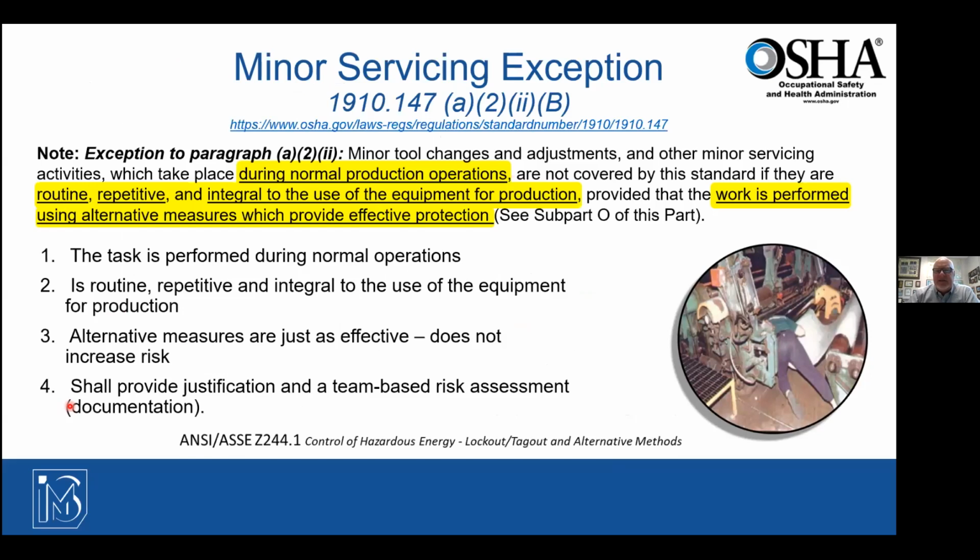I mean, you see like the (a)(2)(ii)(B), it's a little paragraph that basically lays out this routine, repetitive, and integral to the operation of the machine. But it also includes that these tasks must be performed during normal operation. And lastly, it shall be justified, and primarily with the team-based risk assessment is how that will be done. So we'll get into that in a bit.